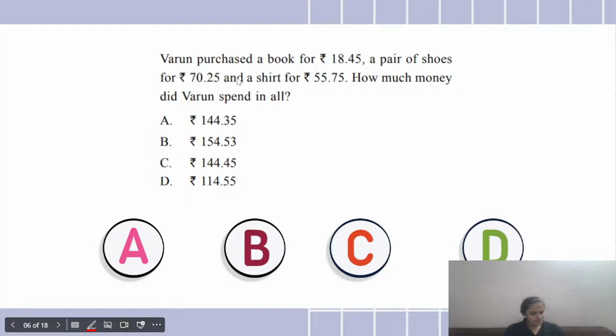Satish says option A. Mandal says option C. So what you have to simply do here is, since we have to find out how much did Varun spend in all, I am going to simply add the money that he has spent.